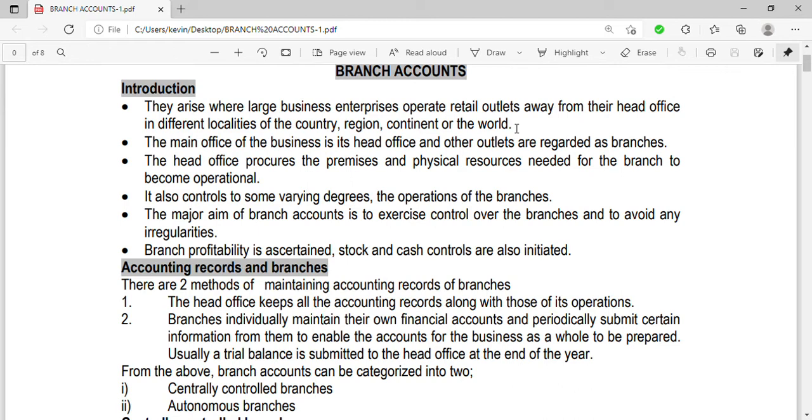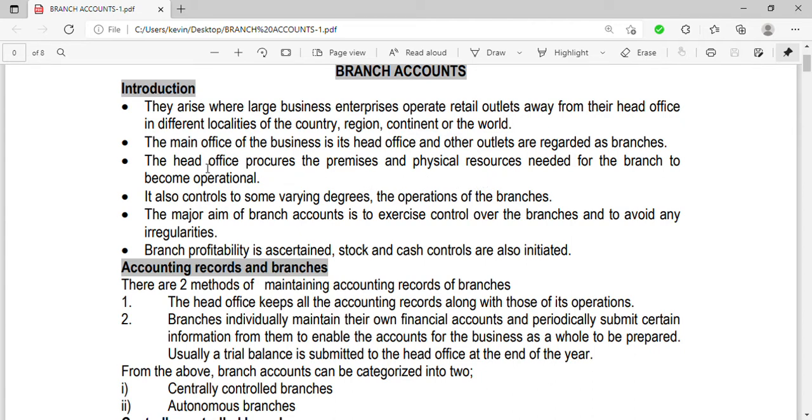Businesses like Coca-Cola, MTN, Airtel, they have branches everywhere. The main office of the business is its head office, and then the outlets are regarded as branches. The head office procures the premises and physical resources needed for the branch to become operational.